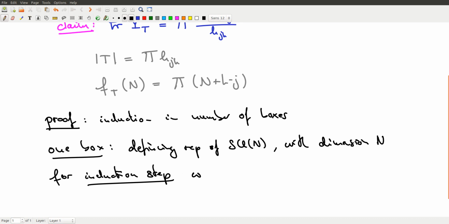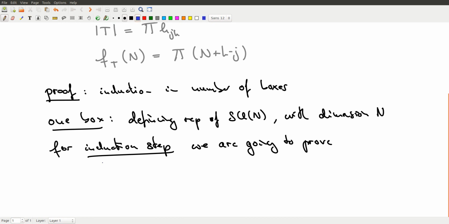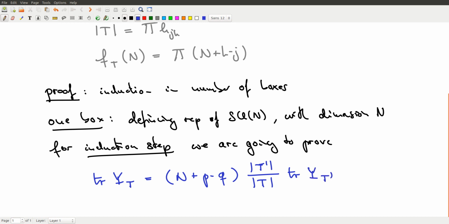we're going to prove the following. So let me write this down first. We're going to show that the trace of Y_T is equal to n plus p minus q, over the hook length for T, times the trace of some diagram T prime.